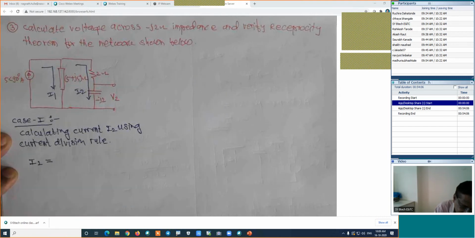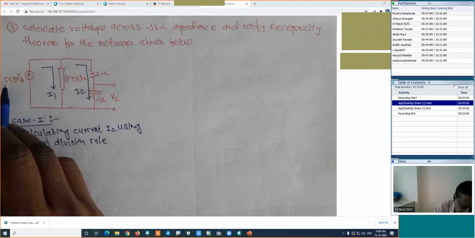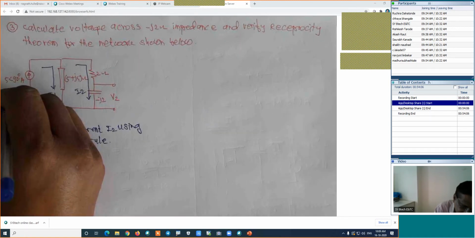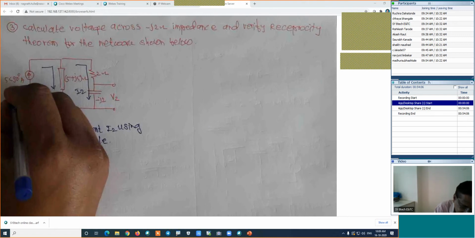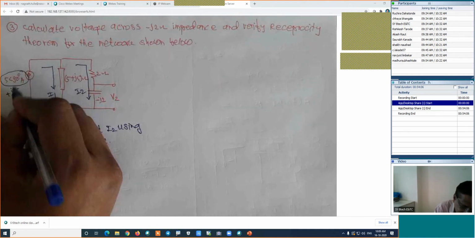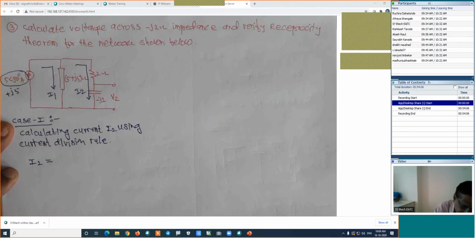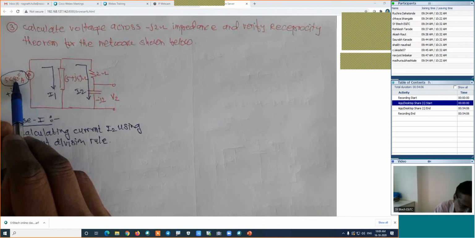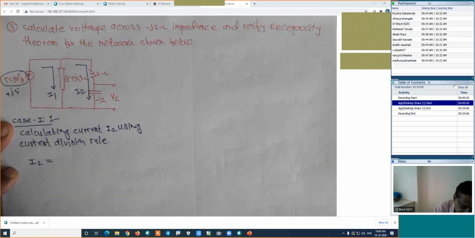Total current is 5 angle 90 degree. This is the same as plus J5. If I convert this value to rectangular form, it will be plus J5, because whenever the angle is plus 90, it will be plus J5. If the angle is minus 90, it will be minus J5. Otherwise, you can use the calculator and convert that value.